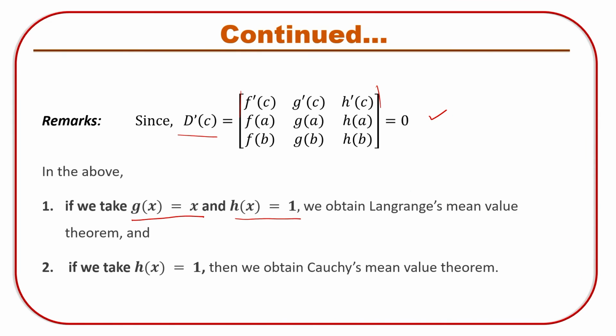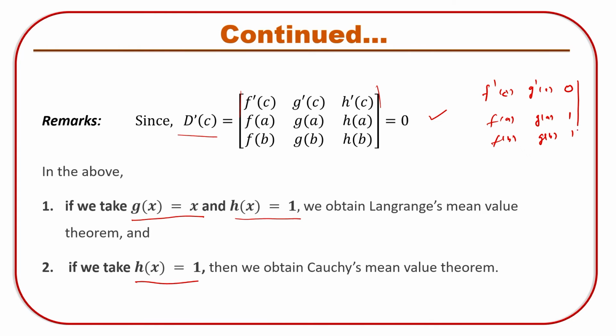Similarly, you can check that if I put only h(x) equal to 1, then it will be a general case of the Cauchy mean value theorem. I will check it for you. So f'(c) here, and here g'(c), h(x) equal to 1, so h'(c) equal to 0, and f(a), f(b), g(a), g(b), right? And h(a) equal to 1 as well.